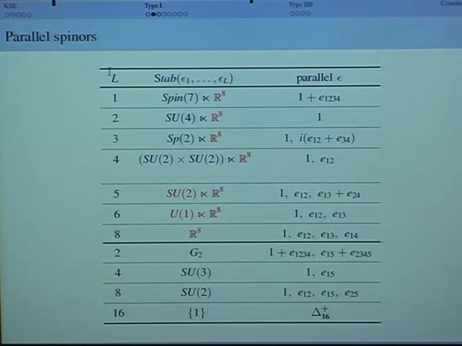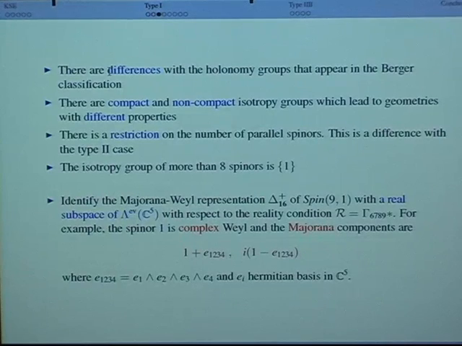Now in this list over here are the singlets, representing spinors but written in form notation. So I'll just say a few words about this notation. One can identify the Majorana-Weyl representation of Spin(9,1) as a real subspace of the even forms on C^5, using this reality condition, which in some conventions can be chosen like this.